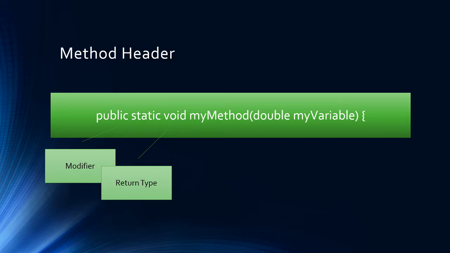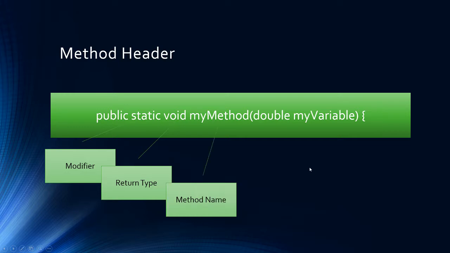Our modifier also includes the keyword static here, which says that this method will only be loaded into memory one time, which will make more sense as we work with other kinds of objects. Next, we have our return type, which in this method is set to void, which means this method will not return any data. There won't be any output from this method.